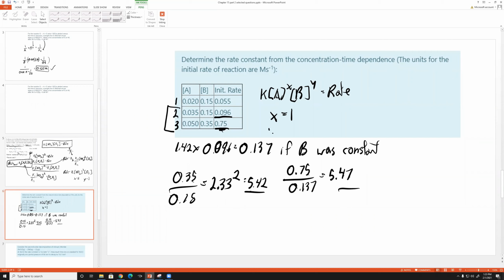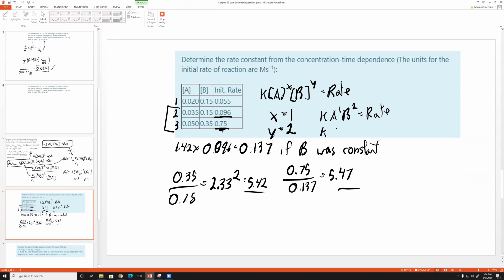So we can say that y, meaning the exponent for B, is second order. So our rate law, and we're determining our rate constant too, is going to be k times A to the 1 times B to the 2 equals the rate. Now, that's the tough part. The easy part is determining the constant.